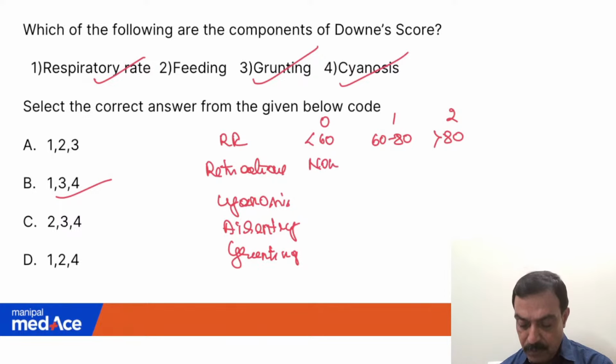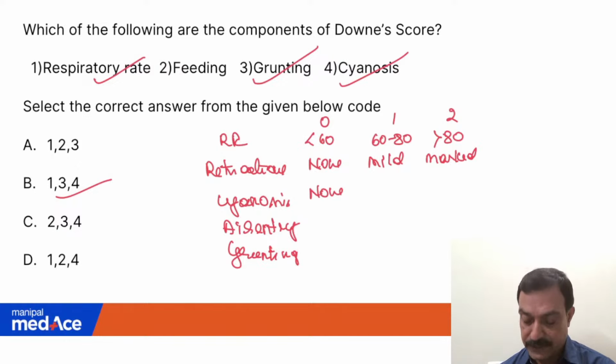Retraction none, 0. Mild retraction is 1. A marked or severe retraction, the score is 2. Cyanosis none, which means the baby does not have cyanosis, the score is 0.